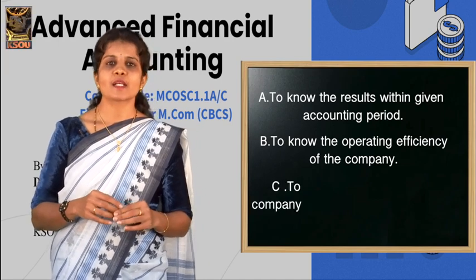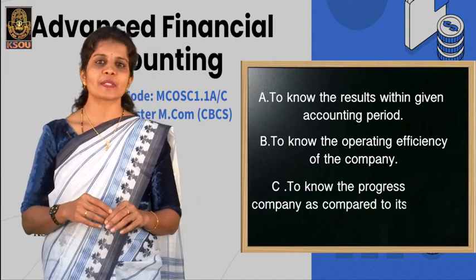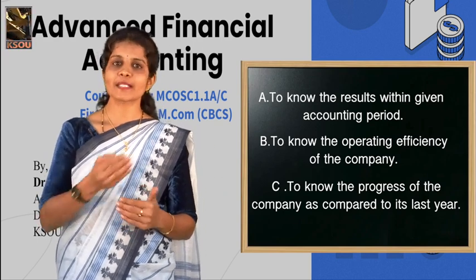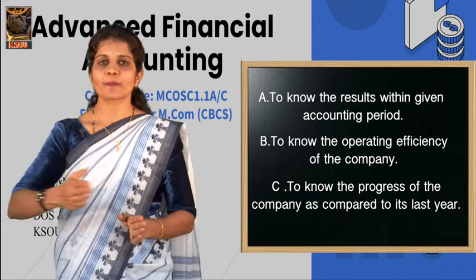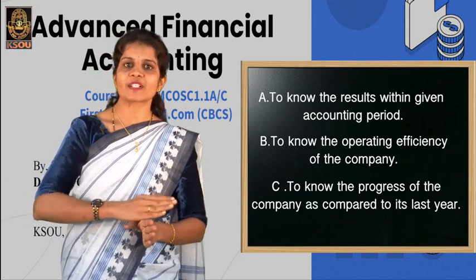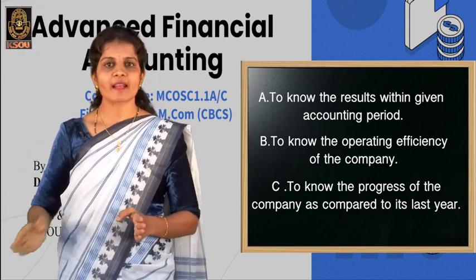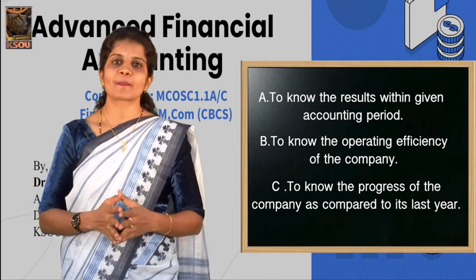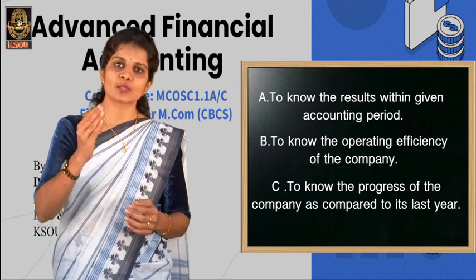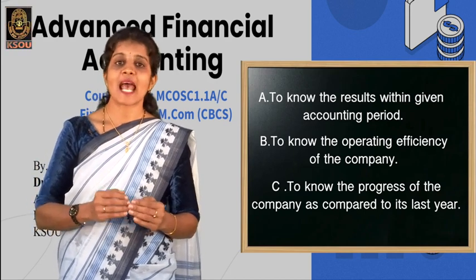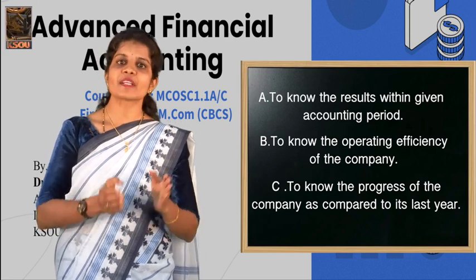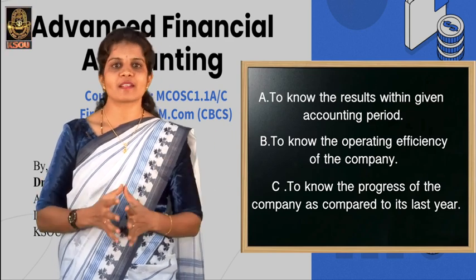Next is to know the progress of the company as compared to its last year. So compared to the previous year, what is the progress? Whether the profit of the company has increased or decreased, or whether there are any changes, or it has reached the break-even point. That can be assessed through the statement of profit and loss, as we compare the present year profit or loss with the previous year.